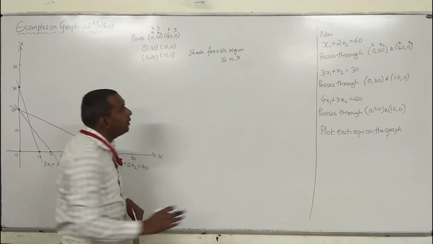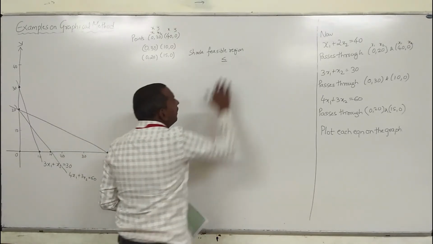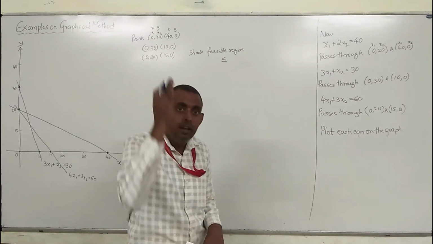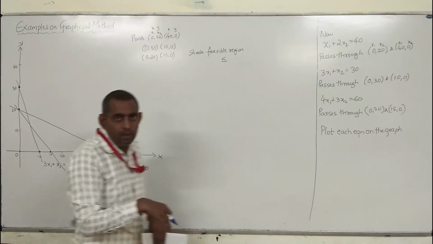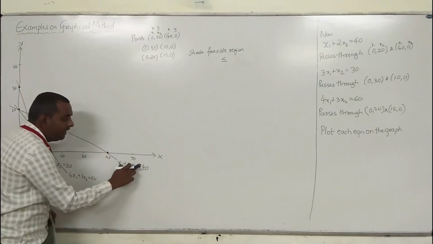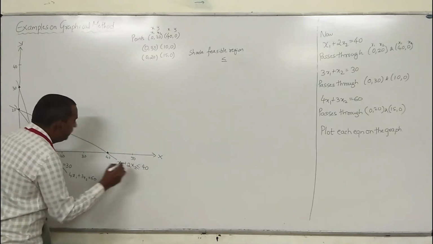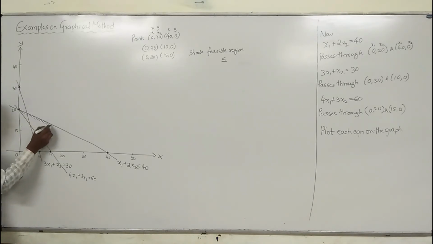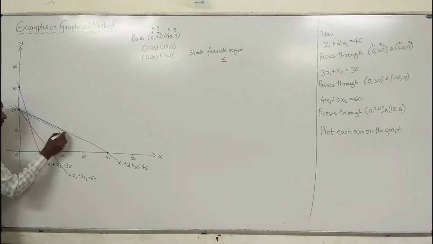According to the problem, the constraint is less than or equal to. If the constraint is less than or equal to, shade the region which is below the line. So this equation is less than or equal to, then I will shade the region below the line. These are the regions I want to shade. The region below the line is now shaded.